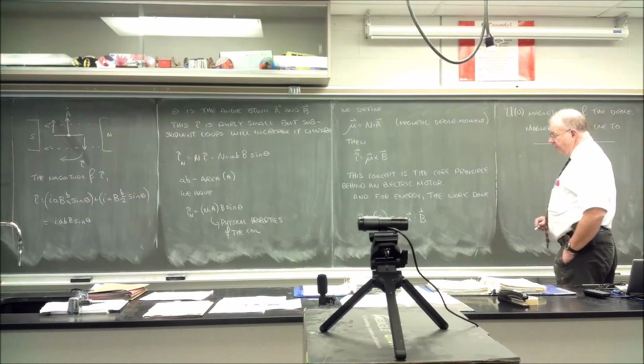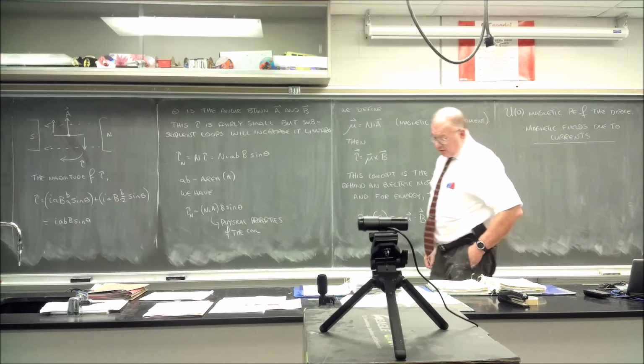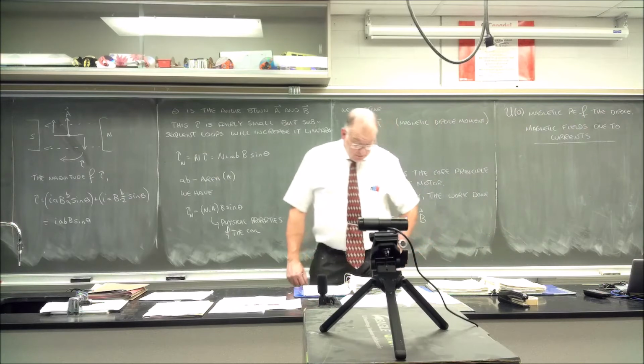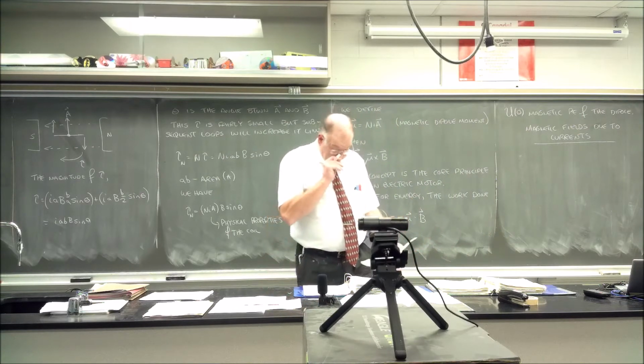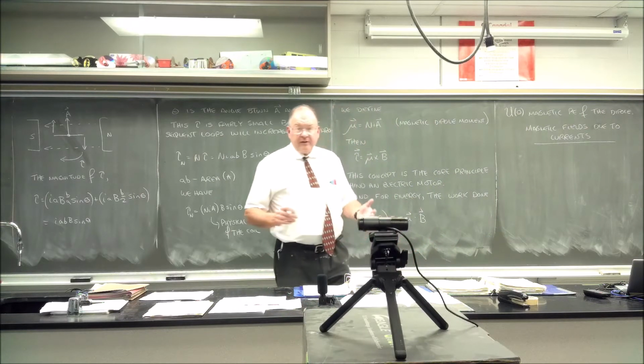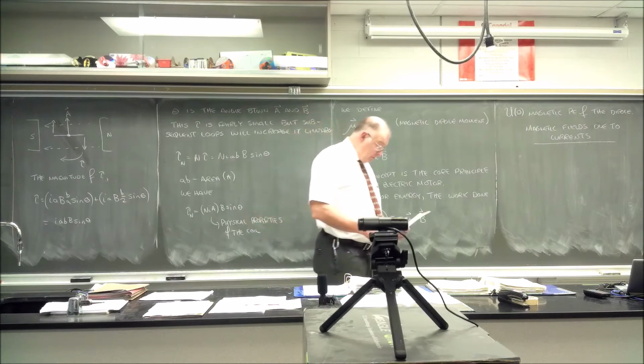And we said that magnetic fields were generated by currents at the beginning of all of this, and QV in effect is a current if you think about it that way.